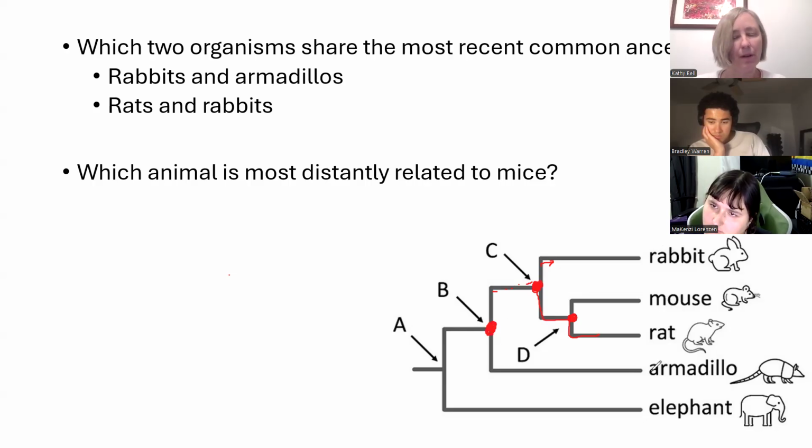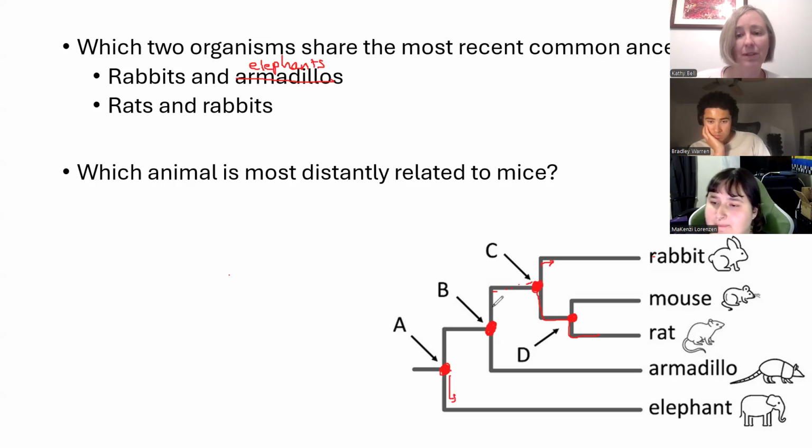Oh, I meant to say rabbits and elephants, sorry. I made a mistake there. That should be rabbits and elephants. Because that would be, they would be the same. So if we do rabbits and elephants, between the rabbit and the elephant, there's three common ancestors to get over to the elephant.